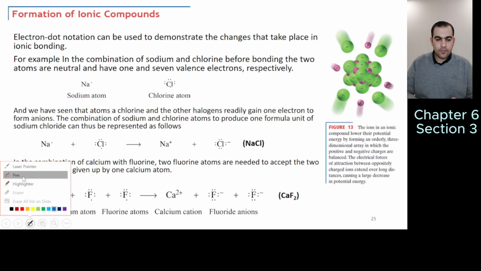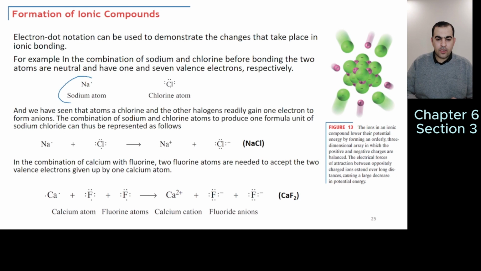First of all, individual atoms before bonding: a neutral sodium atom and a chlorine atom. Before bonding, chlorine has 7 valence electrons, sodium has 1. This is how we use electron dot notation.